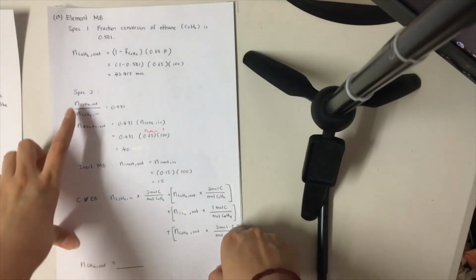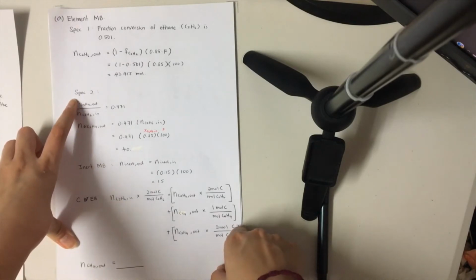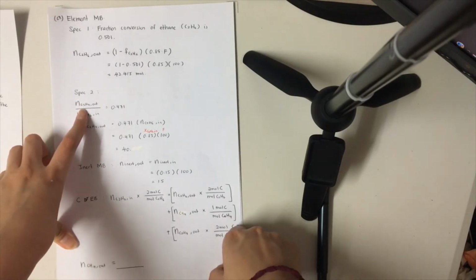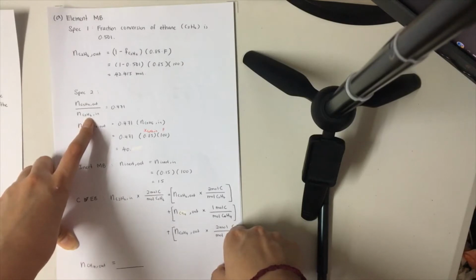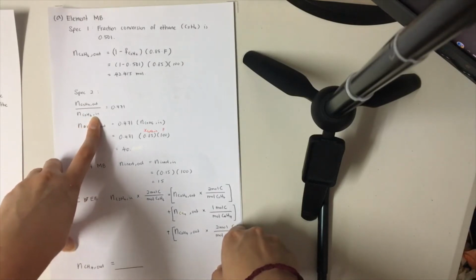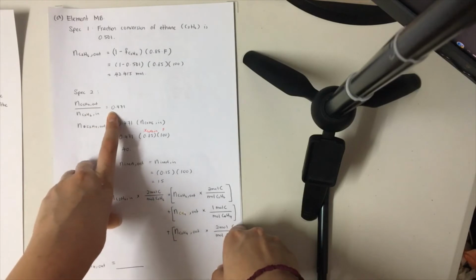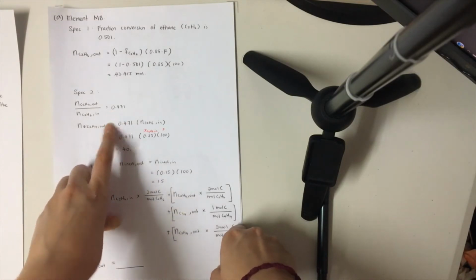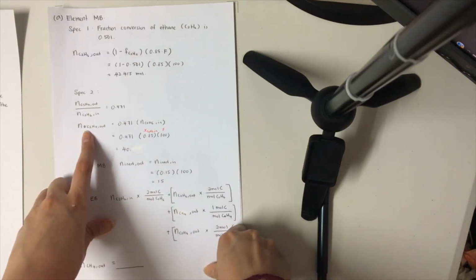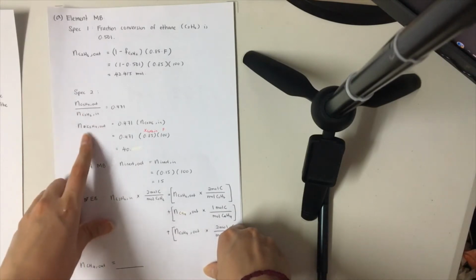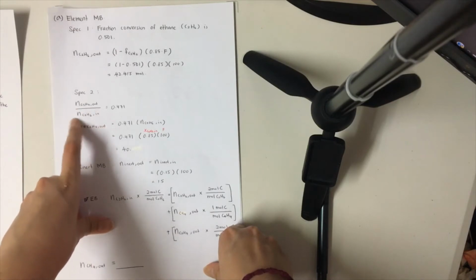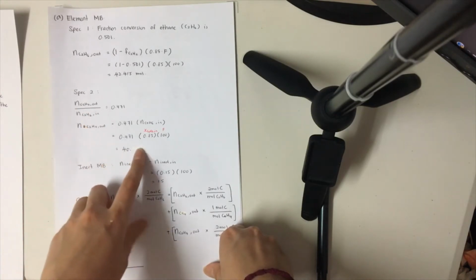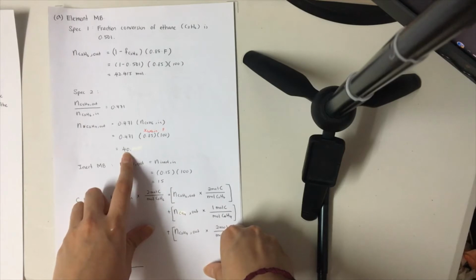Moving on, we have specification number 2, which means the number of moles of C2H4 coming out over the number of moles of C2H6 going into the feed stream, and this ratio is 0.471. So we can easily calculate the number of C2H4 coming out, because we already have this info, and therefore we will get 40 moles.